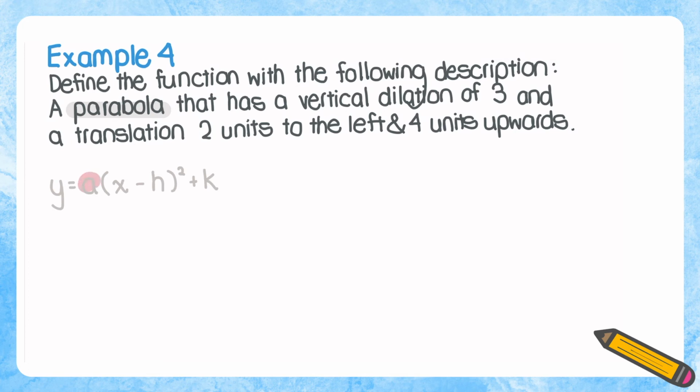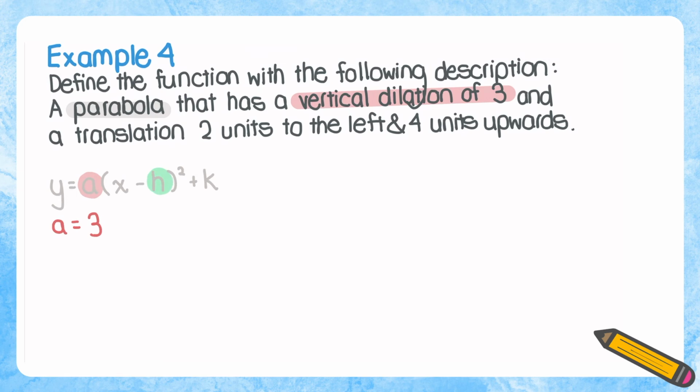So let's first focus on a. A talks about the reflection, which we don't have in this case, and also about the dilation. So here we have a vertical dilation of 3. So a equals 3.